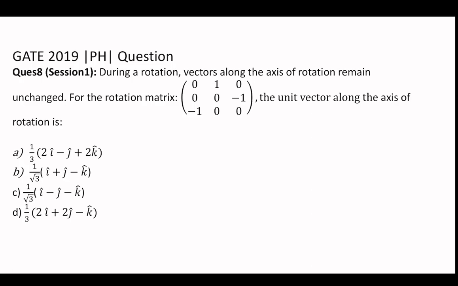So we have been given 4 options and we have been asked the unit vector along the axis of rotation, given the rotation matrix and the operation which has been performed using this rotation matrix.